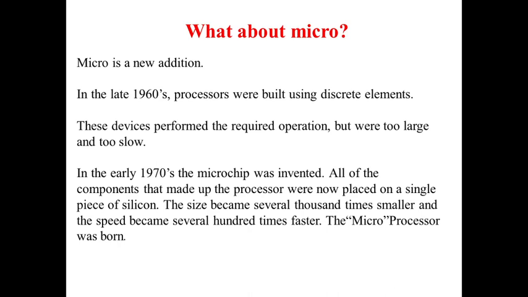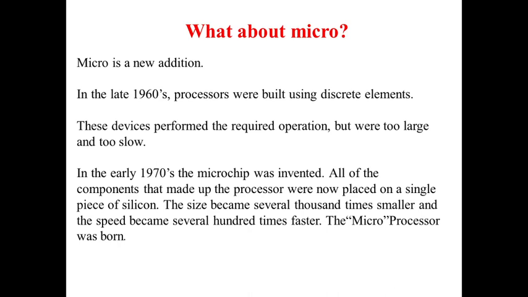Then let us understand the word microprocessor in detail. Let us extract the literal meaning of the word micro. So what is micro? Micro is a new addition. New addition means it is a kind of new technology. In the 1960s, processors were built using discrete elements.